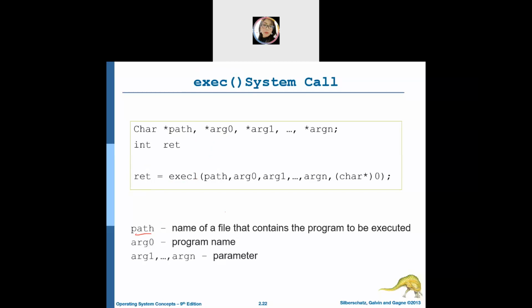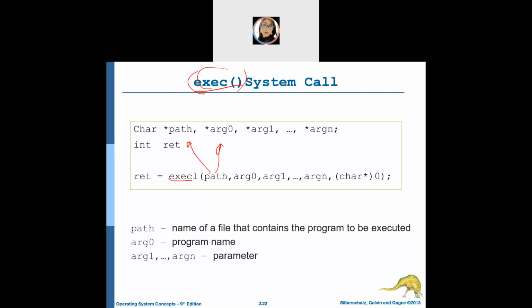It is the name of a file that contains the program that you want to execute. While for arg0 and arg1 and so on up to n, it is the program name. And after that, you can see here, these are all the parameters that are available. So if you want to run it, you're going to call all of this.